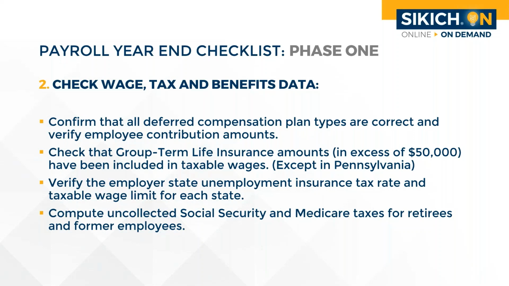You want to then take a look at what's called your uncollected Social Security and Medicare taxes for either retirees or former employees, or even employees if you're in a tipped environment and you have an allocation of tips.